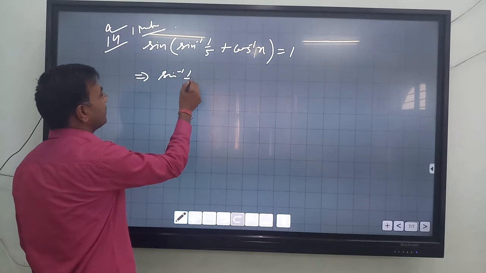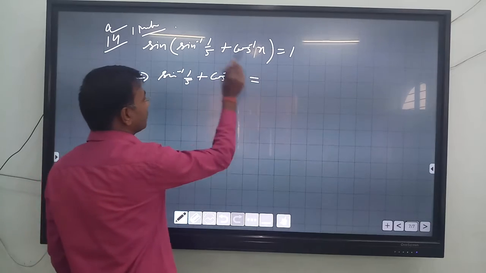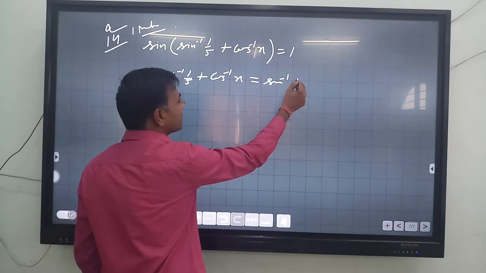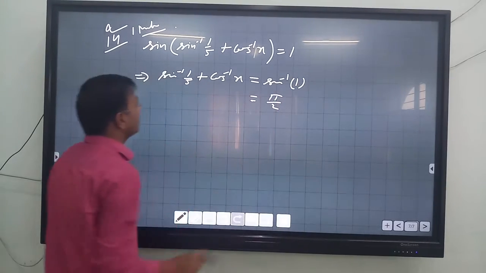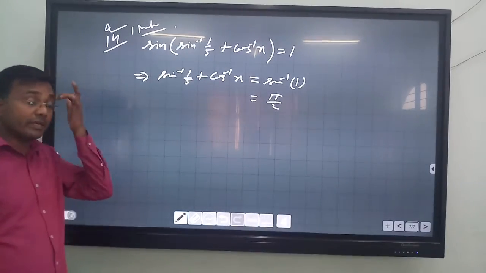So sin inverse 1 by 5 plus cos inverse x equals 1, operating sin inverse both sides. So sin inverse 1 will be pi by 2, and here by property only this term will come, sin will be cancelled out.